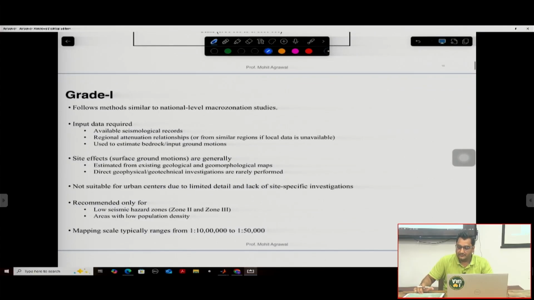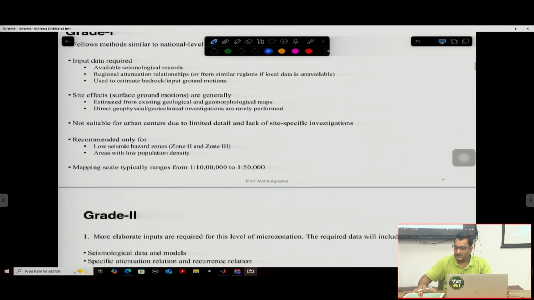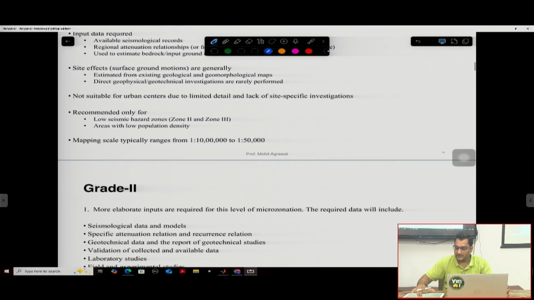Grade 1 is similar to the national level macro zonation studies, and generally you use regional attenuation relationships for this purpose, also the available seismological record, and it is generally used to estimate the ground motions at the bedrock level.